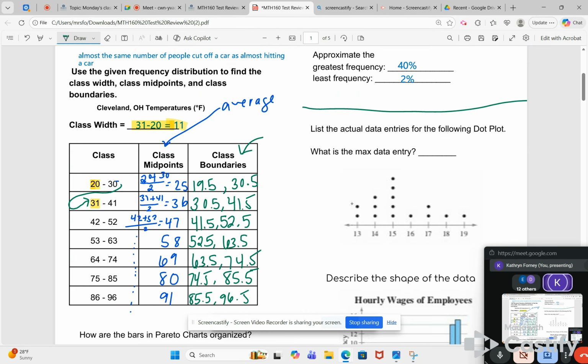So when you look at this dot plot, how many 13s are there? 2. So you would write 13 twice. You would write 14 3 times. You would write 15 five times.